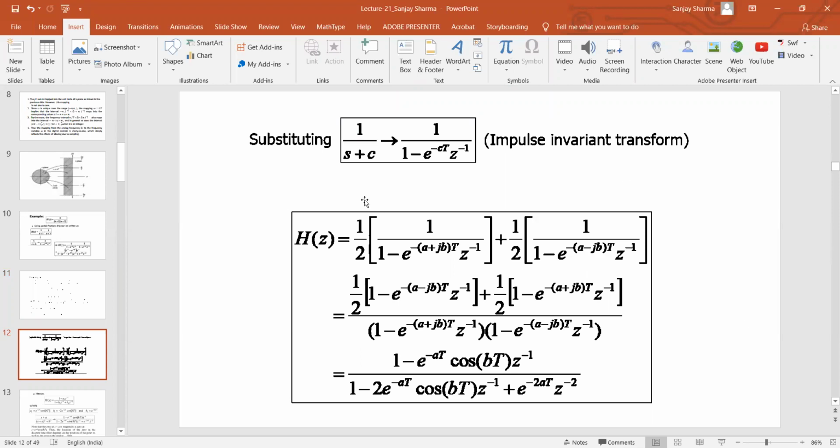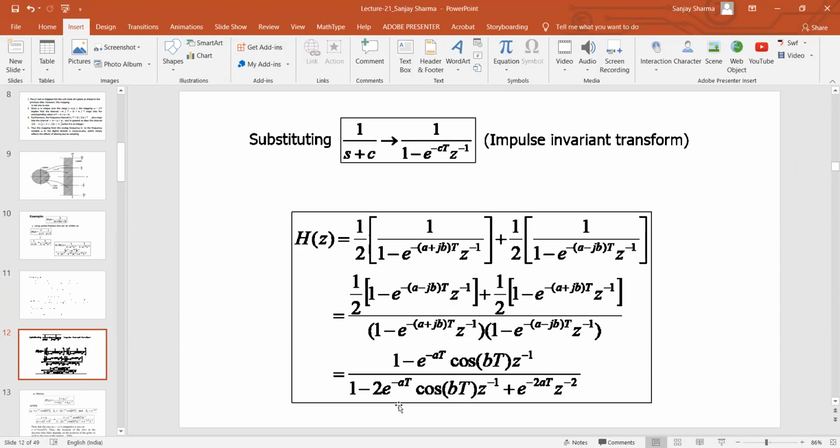So I can apply this transformation, and further if I solve the numerator and the denominator polynomials, I will get this filter H(z), having 1 minus e to the power minus aT cos of b. This is the coefficient for the numerator polynomial, and these are the two other coefficients of the denominator polynomial.